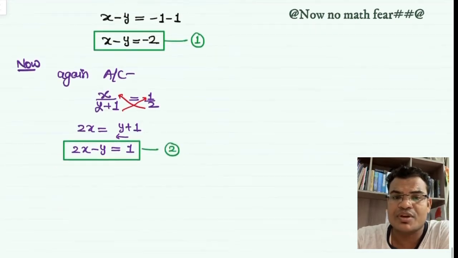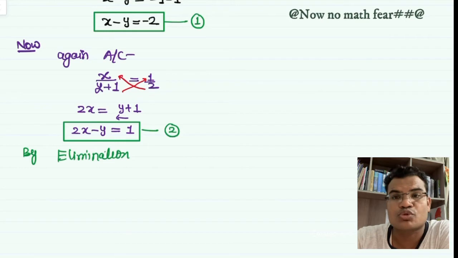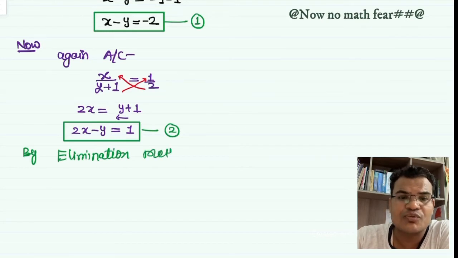After these two equations, we have to find the solutions. We are doing it by the elimination method. So we'll write here, by elimination method, and to solve by elimination we check whether the coefficients of x or y are equal.